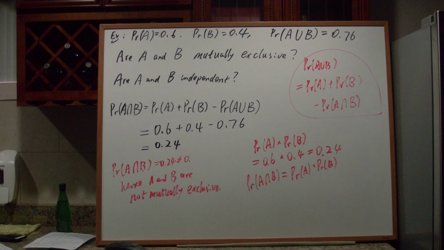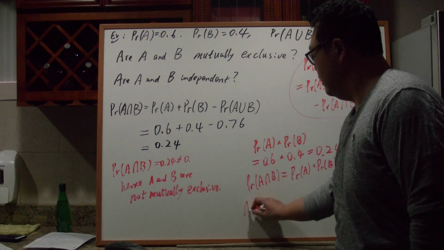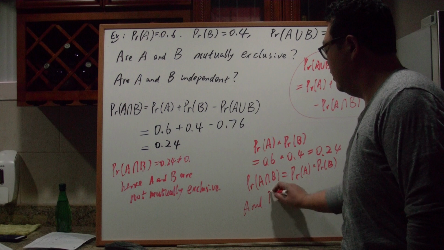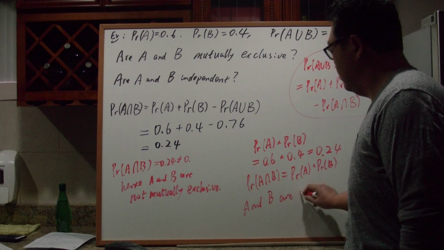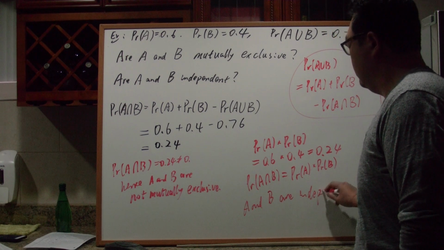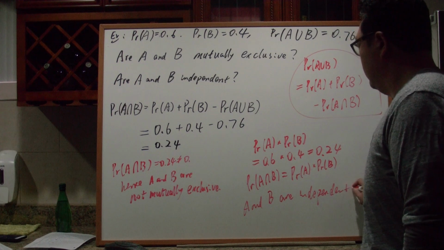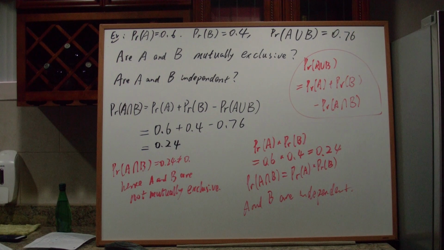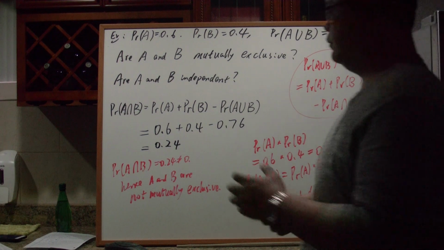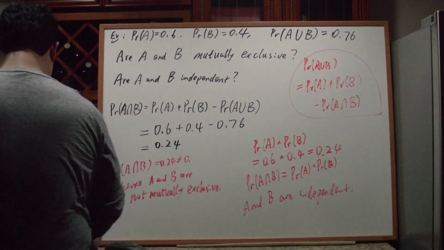So we can see that the product is equal to the intersection, therefore the events A and B are independent. Therefore independent.